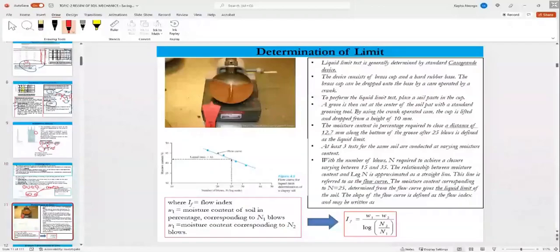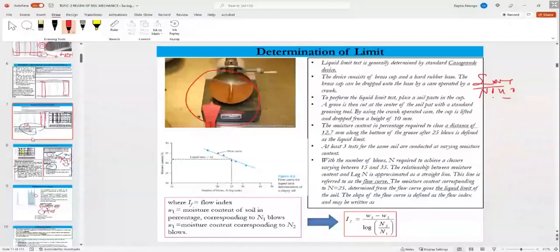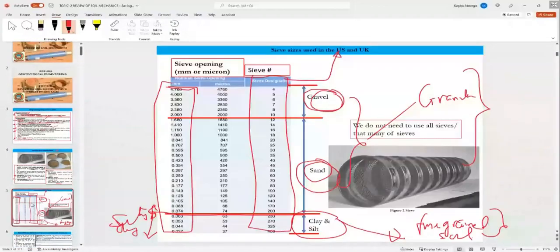Okay, we prepare a soil sample. This soil is sieved through sieve number 40. Sieve number 40 is right here, a 0.42 millimeter sieve. Okay, that's the sieve that you see.